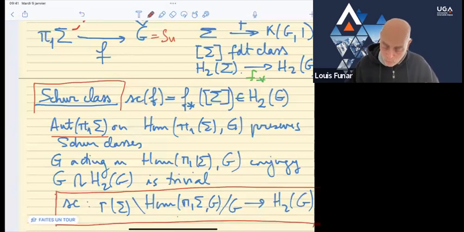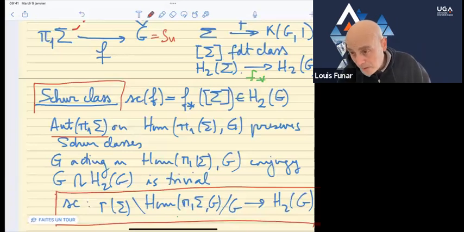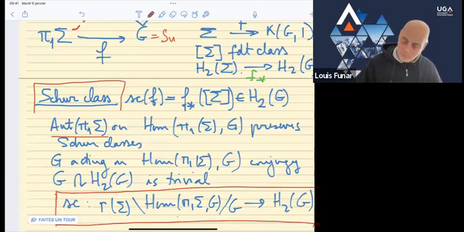And if we're working with orientable surfaces, which are closed orientable, then the Schur class is essentially the only invariant up to something. And I will explain now up to what.